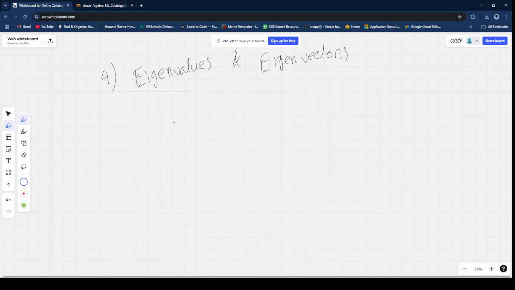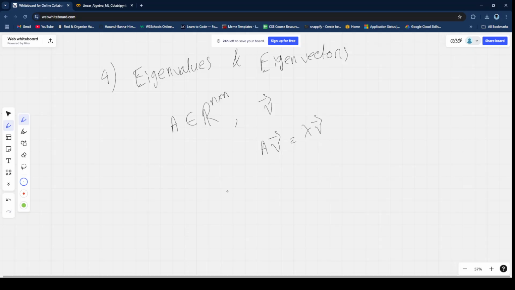Let's say for a matrix A, a real-number matrix of size n multiplied by n, also called a square matrix, a non-zero vector v is an eigenvector if A of v is equal to lambda of v.